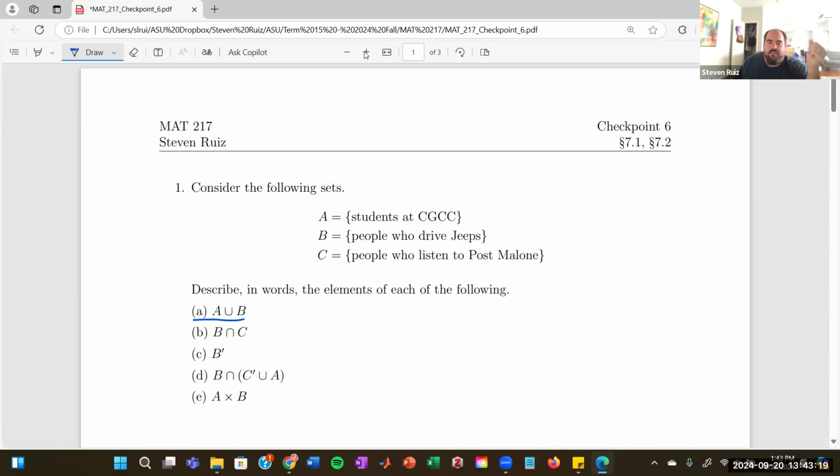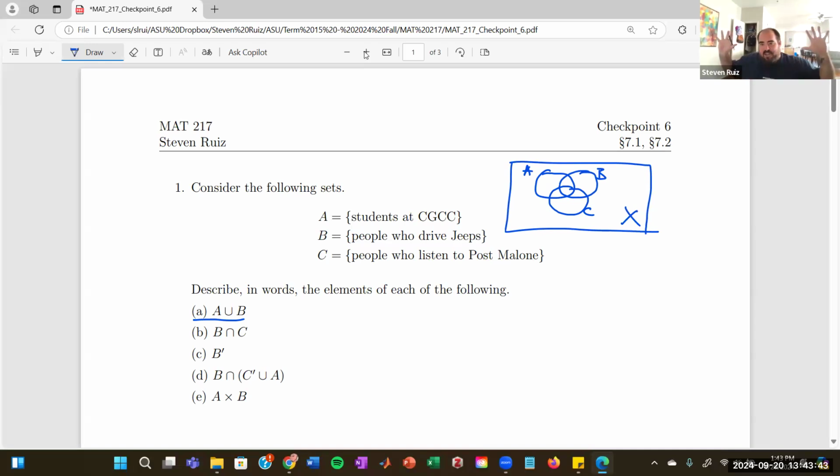So we've talked a lot about these Venn diagram things. So let's say we have a Venn diagram like this. So here's set A, here's set B, and here's set C. A, B, C, and then I'll just call capital X, like basically let's say that X is all the people in the entire world.